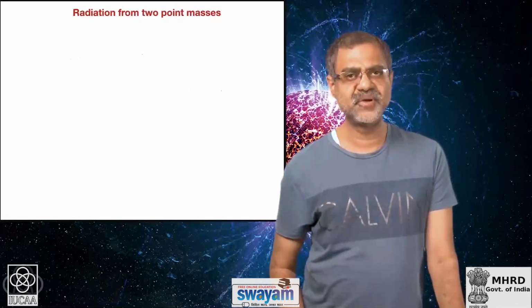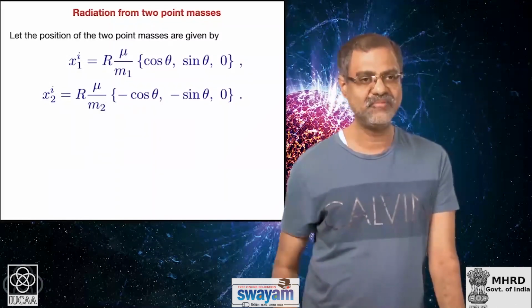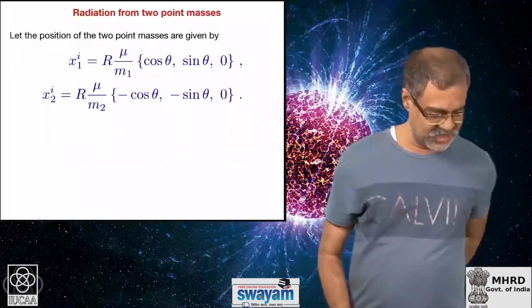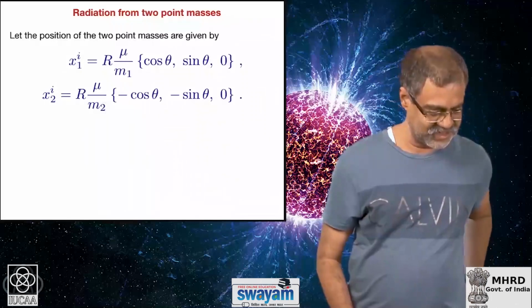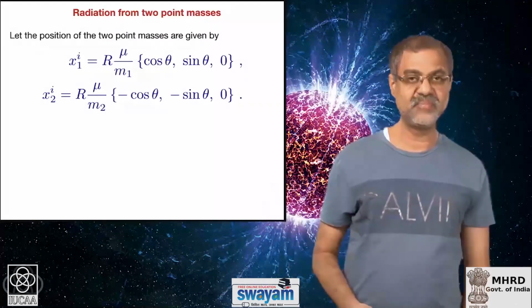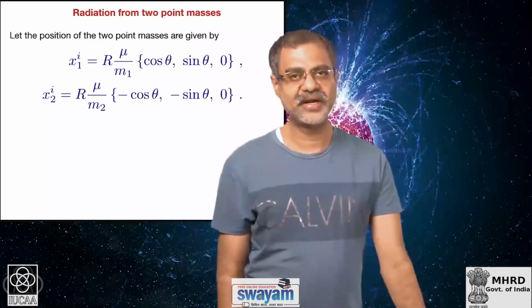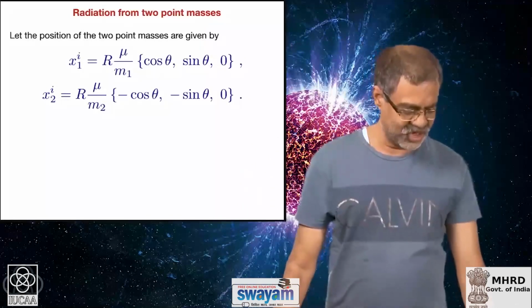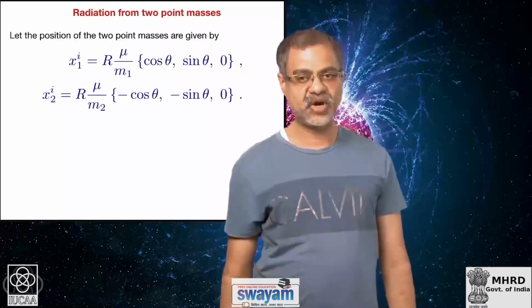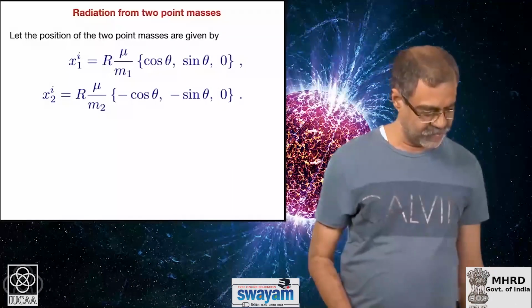So, radiation from 2-point masses: first we have to write down the quadrupole moment. For that we need to know the energy momentum tensor or moment of inertia tensor. So, for that we need to know the location. For an orbiting particle separated by a distance of r, you can write them as follows: cos theta and sin theta, which basically tells where they are in the orbit, and then you can compute this.